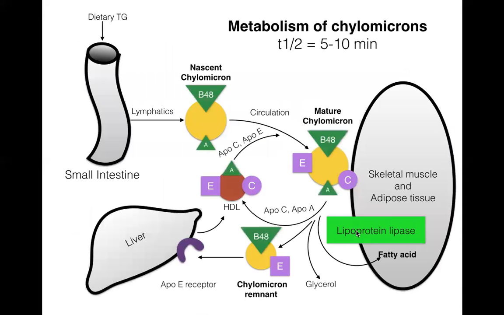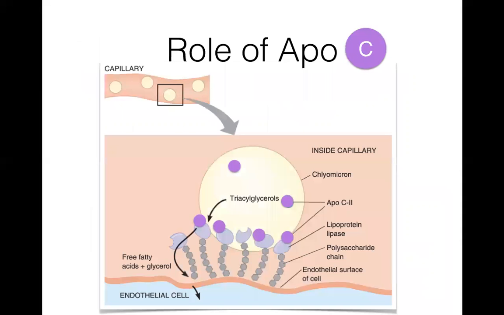What about ApoC? ApoC also plays an important role because ApoC activates the enzyme lipoprotein lipase. In this illustration, on the target tissue, particularly on the endothelial lining of the adipose tissue, we can see that the enzyme lipoprotein lipase is anchored into the cell membrane by a short oligosaccharide chain.